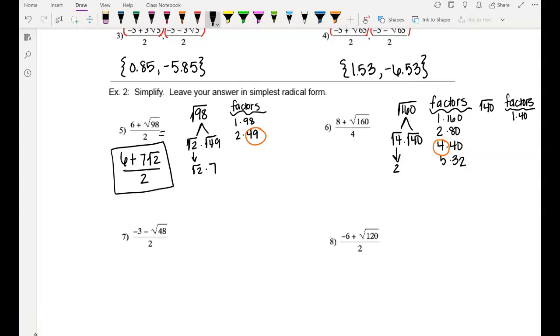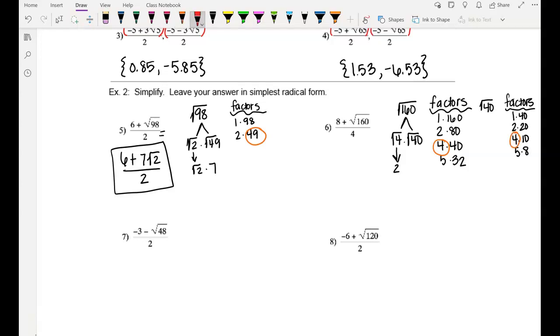obviously 1 times 40, 2 times 20, 4 times 10, 5 times 8. So there is another 4 here.